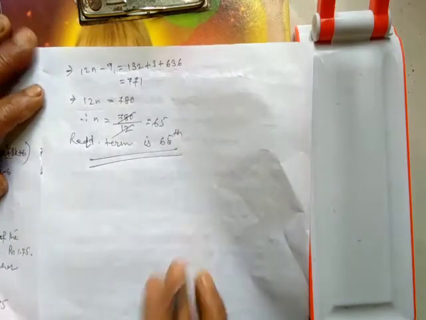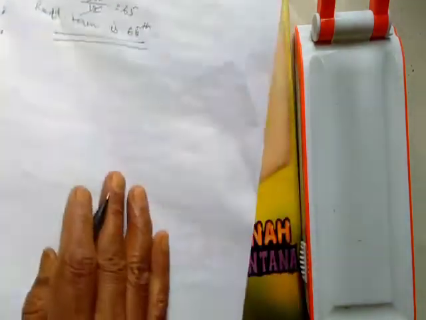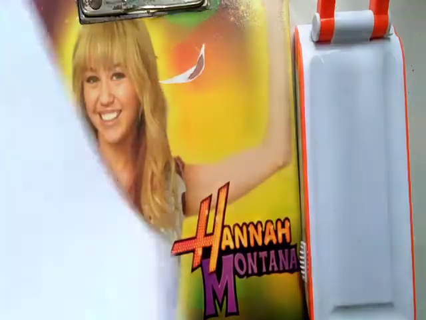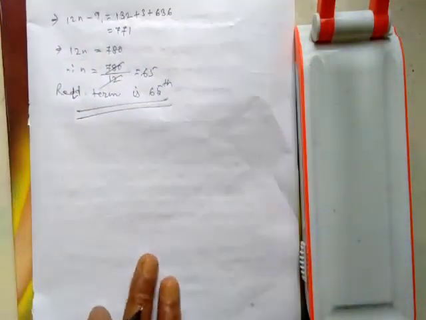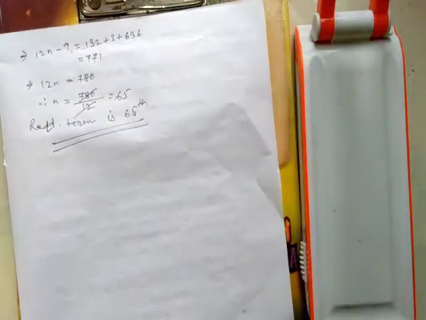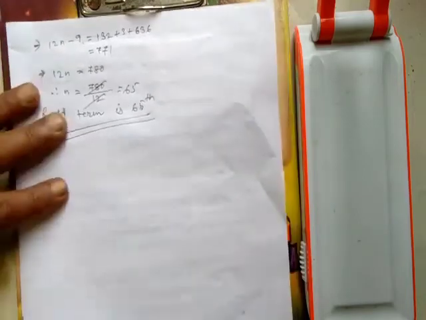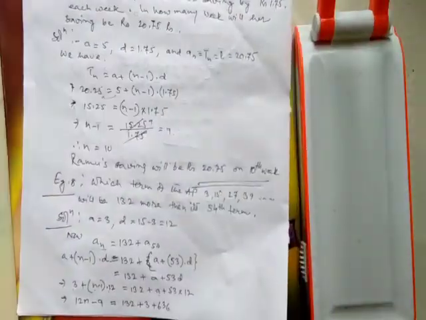The 65th term is 132 more than the 54th term. Next example. Next we will see, this is what we have done for finding the nth terms.